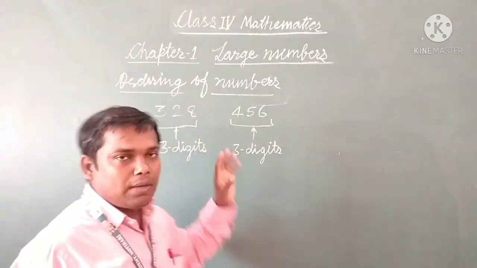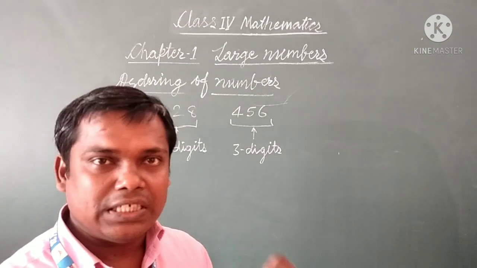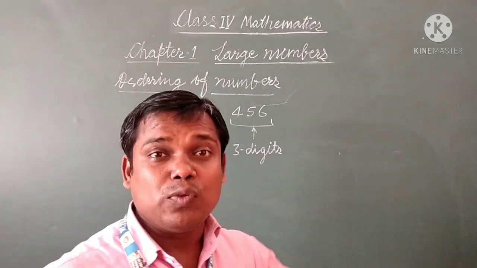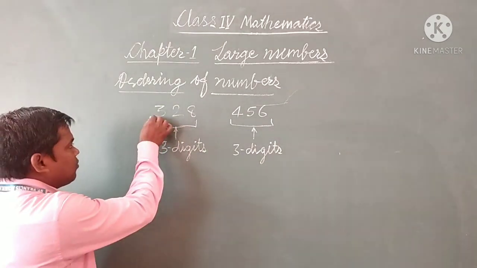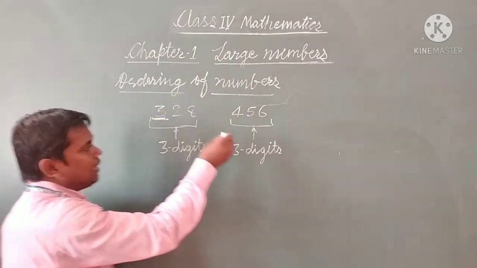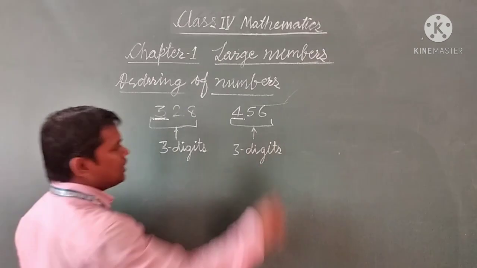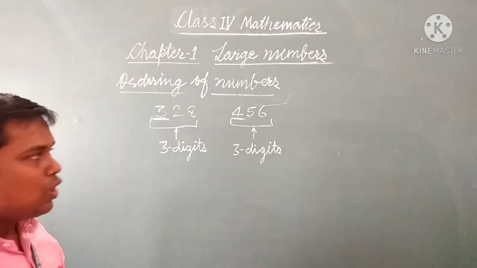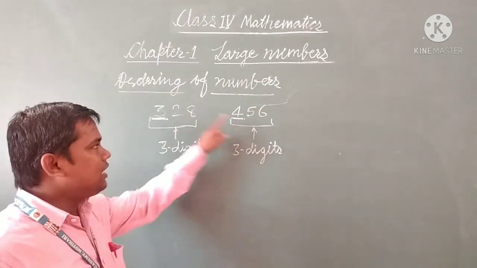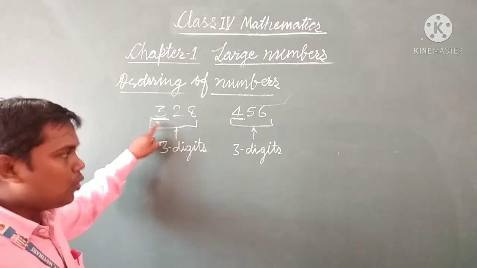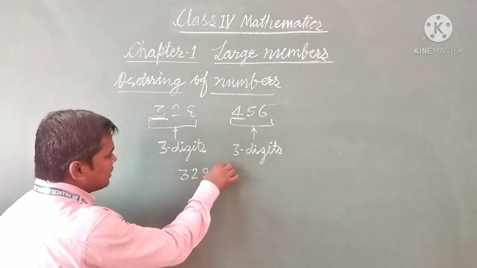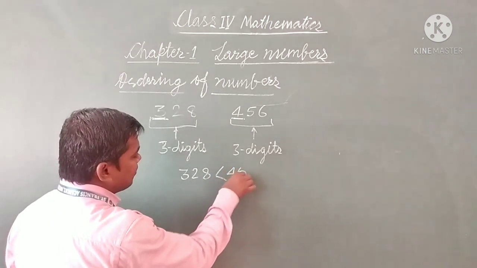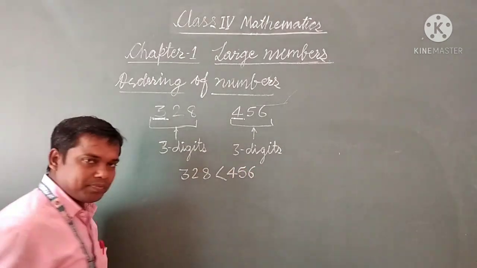So, if both the numbers have the same number of digits, we check the leftmost digit of the numbers. In this number, the leftmost digit is 3, and in this number, the leftmost digit is 4. We know that 4 is greater than 3, so we can easily say 328 is less than 456.